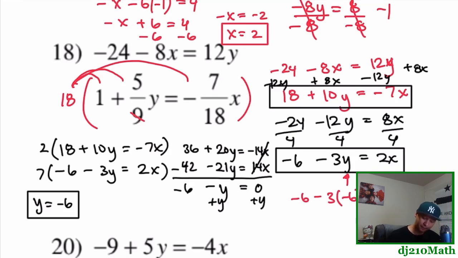This is going to be -6 plus 18, because 3 times 6 is 18, and a negative times a negative is a positive. So positive 12 is equal to 2x. Therefore, x is equal to 6.